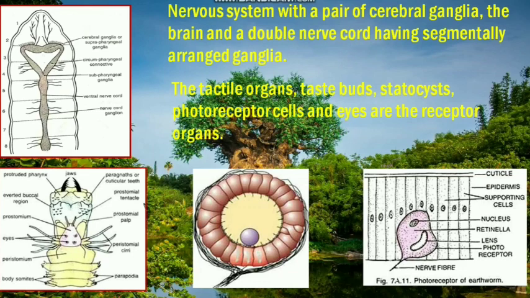So eyes, and these are the receptor organs. So the tactile organs are formed of 3 pairs, nothing but the prostomial tentacle, prostomial palp, and peristomial cirri. Then the taste buds, then statocyst, then photoreceptor cells, and then eyes, which are the sensory organs.